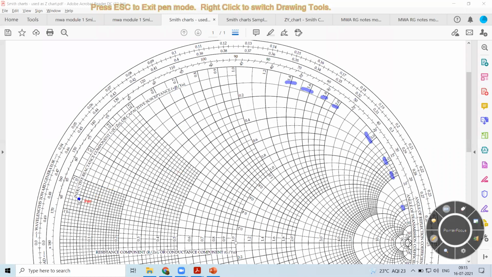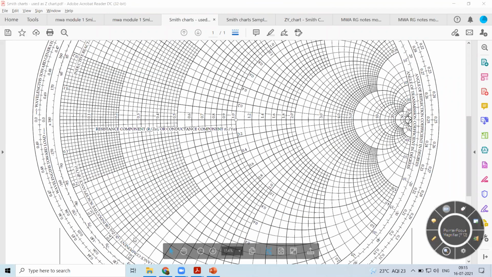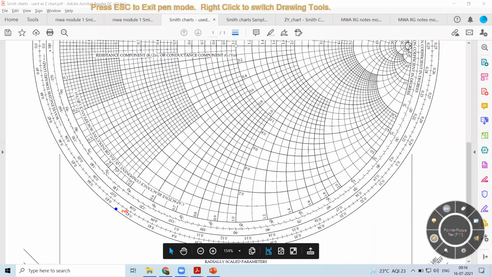Now, if you're using this for the impedance parameter, this upper part is the inductive component, and if you observe the lower part, you have the capacitive component.